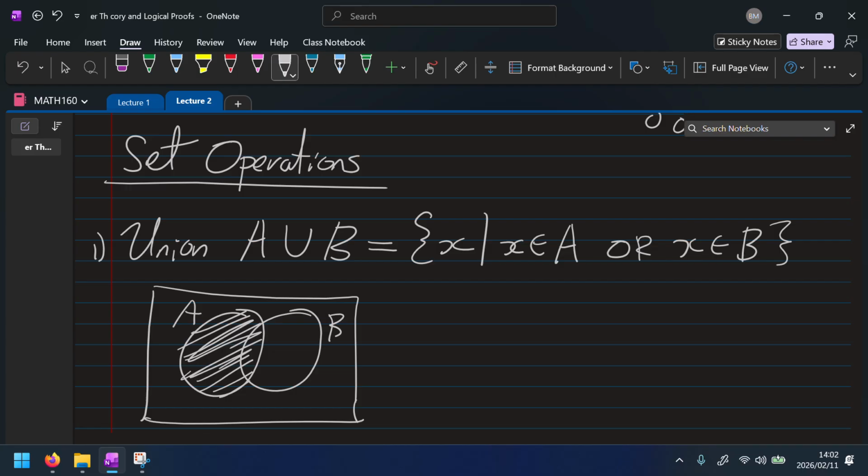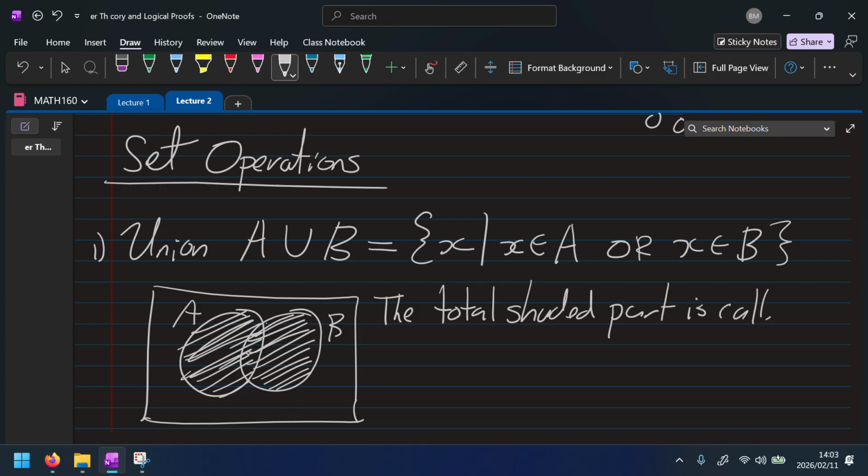That is going to be everything in B, so we shade all of B. After all of that, we have shaded the union. The total shaded part, we call that the union. Make sense? Good.